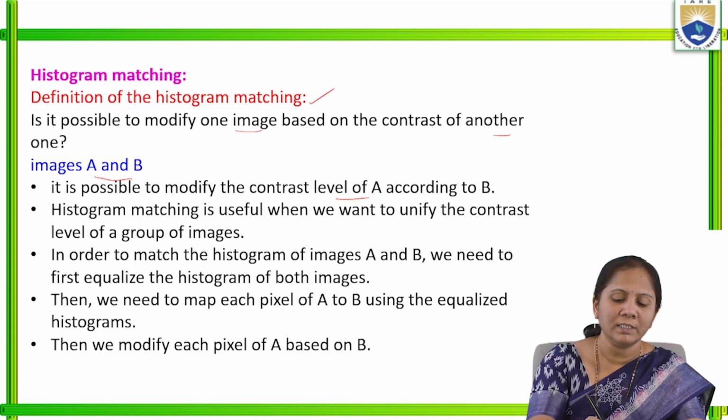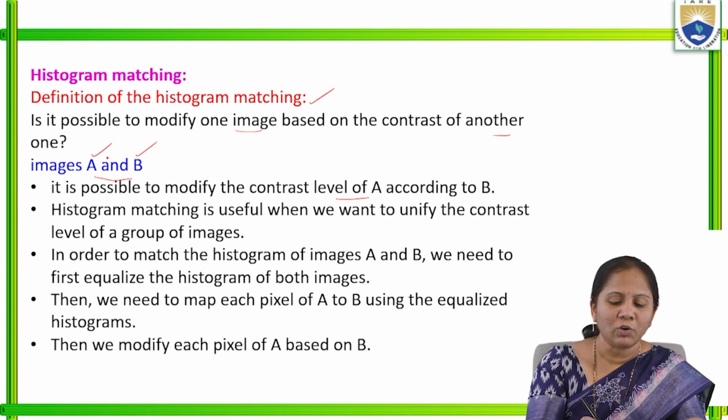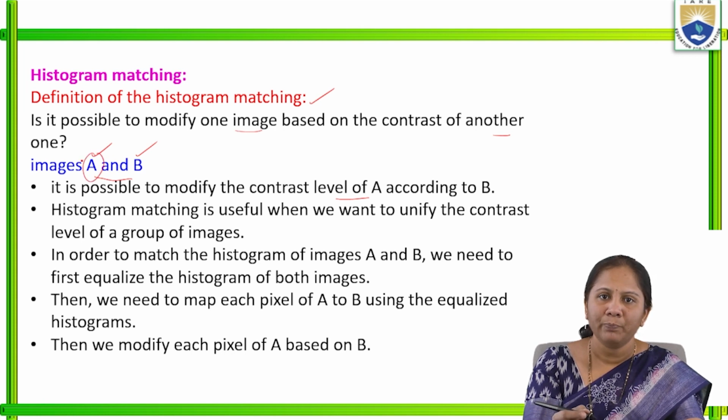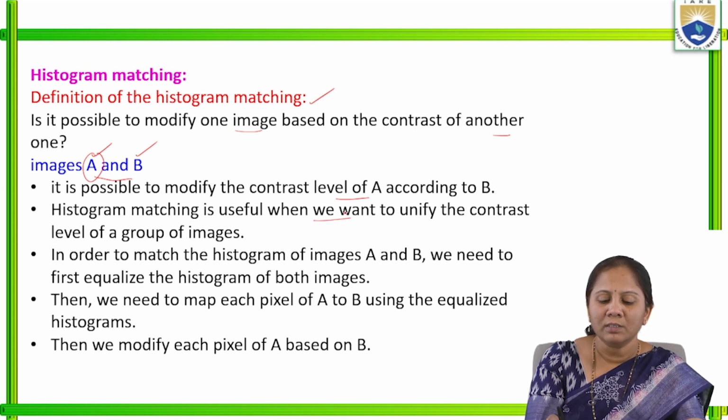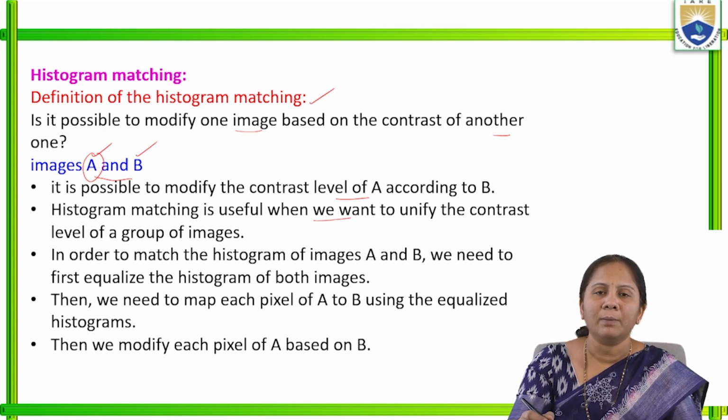If A is one image and B is another image, we can modify the contrast of image A according to the contrast of image B. Histogram matching is useful when we want to unify the contrast level of a group of images. So if you want to maintain the same contrast for a group of images, then we apply histogram matching.